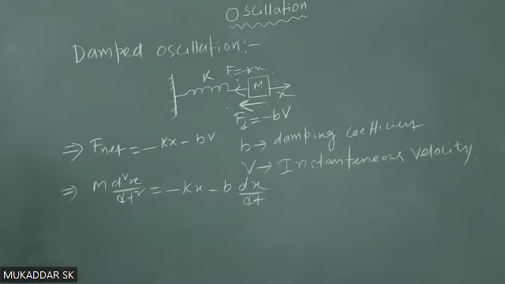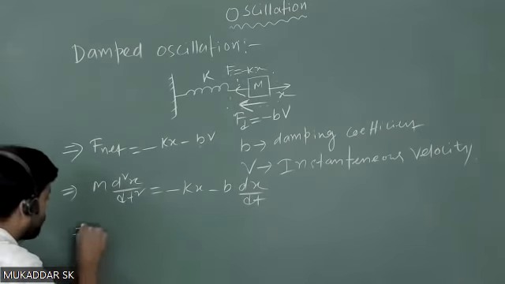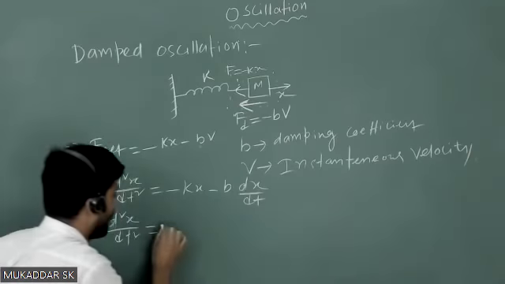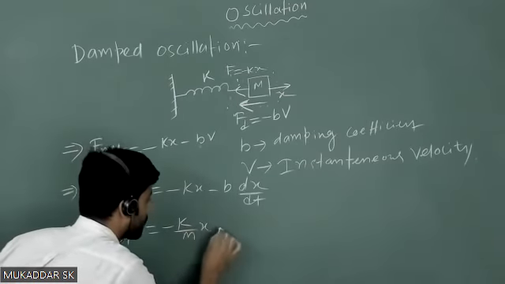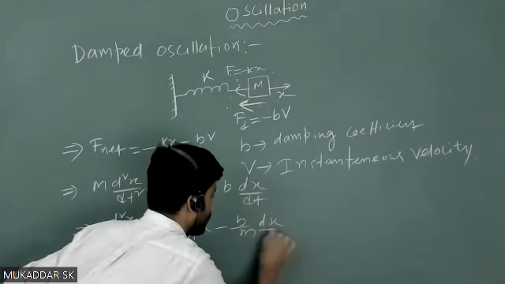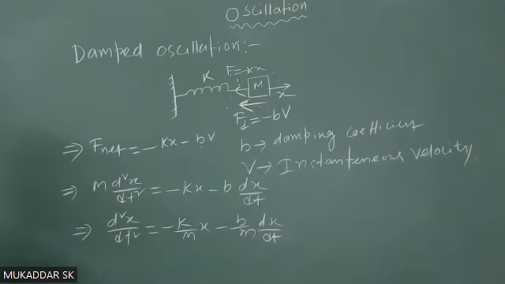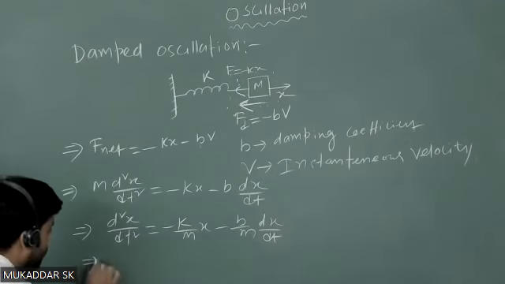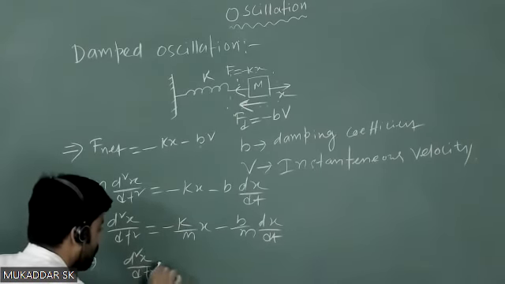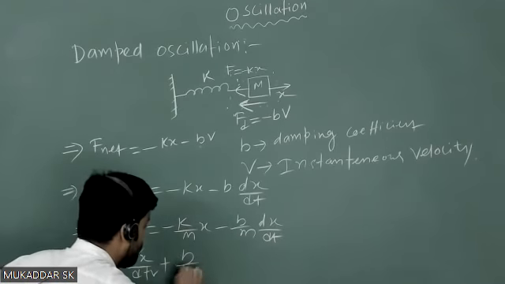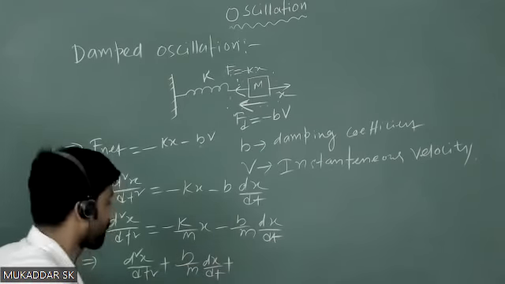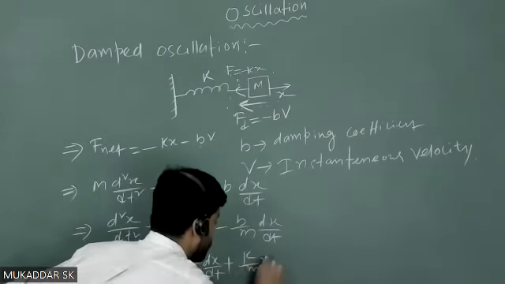Now if you divide both sides by mass, you will basically get d square x by d t square equals minus k by m x minus b by m dx by dt. So further I can write d square x by d t square plus b by m dx by dt plus k by m x, that should be 0.